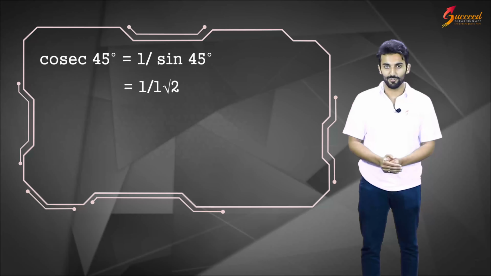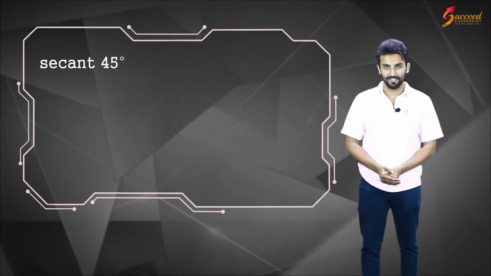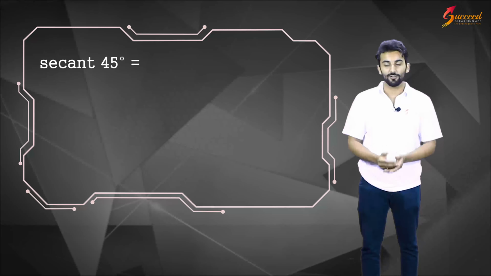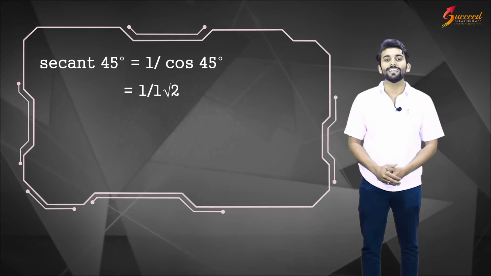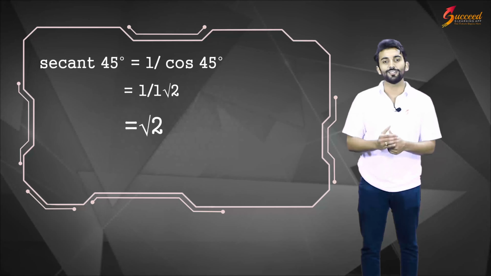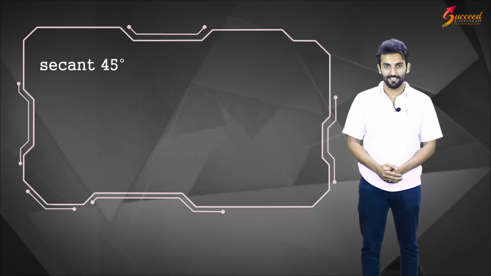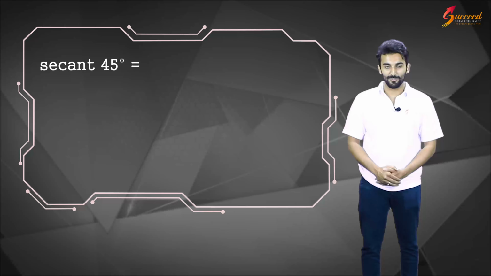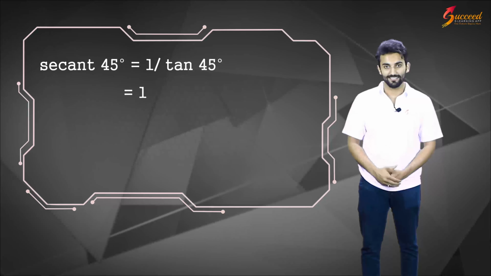Cosecant 45 degree is equal to root 2. Now, let us find secant 45 degree. Secant 45 degree is equal to 1 by cos 45 degree, which is equal to 1 by 1 by root 2. Secant 45 degree is equal to root 2. Now, let us find cot 45 degree. Cot 45 degree is equal to 1 by tan 45 degree, which is equal to 1.